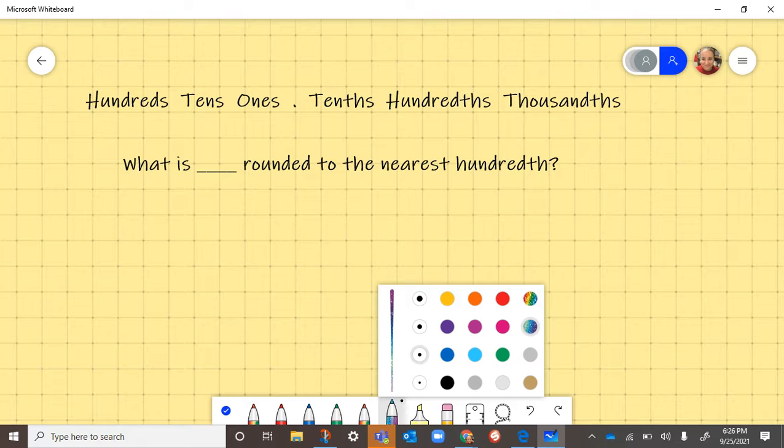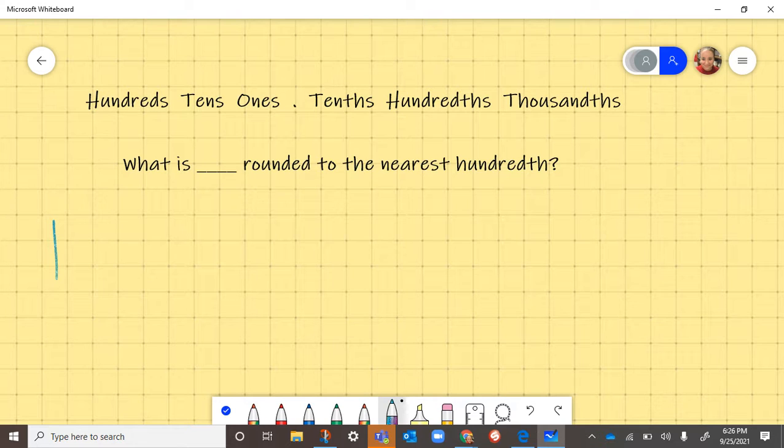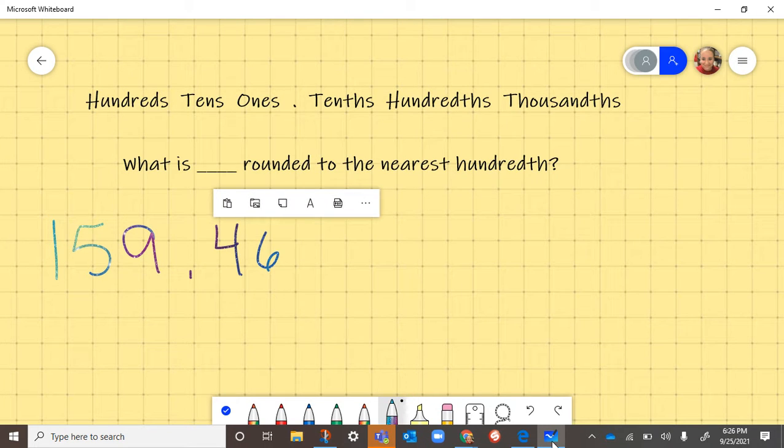So let's say we have 159 and 463 thousandths.